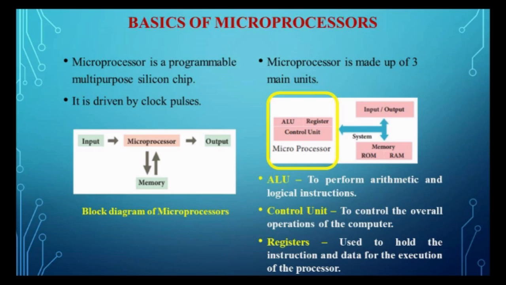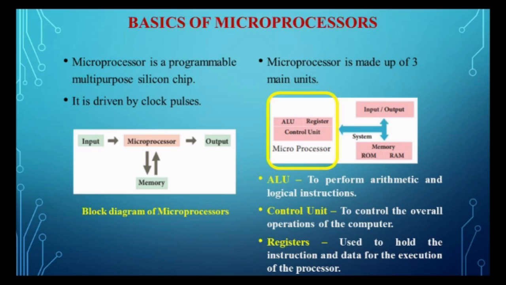Here in this block diagram, it is mentioned as system. This system bus is a collection of wires integrated together. There are three types of buses. They are the address bus, data bus and control bus.